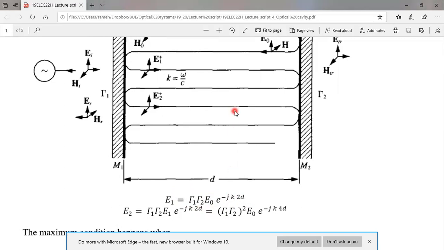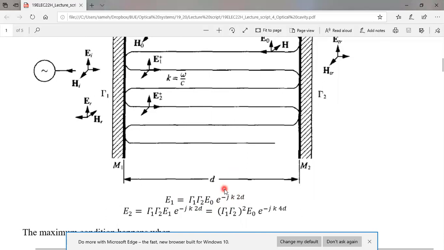And what is the condition to make this term maximum? Actually, the condition to make this term maximum is simply to have this exponential equal to 1. When this exponential is equal to 1, then this term will be a maximum term. Now, the question is, how can we make this term equal to 1?